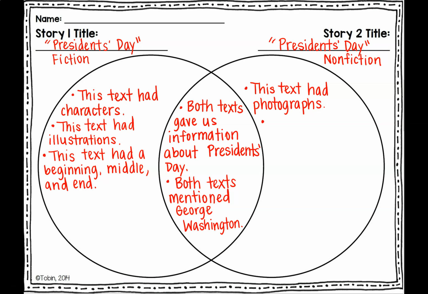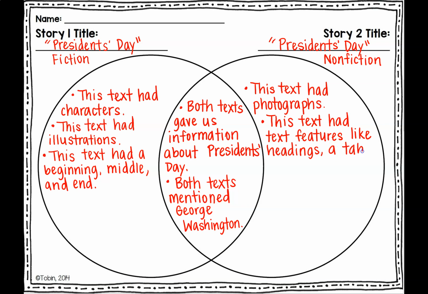So these are specific to nonfiction texts, so we can say this text had text features, like headings was one of them, a table of contents.